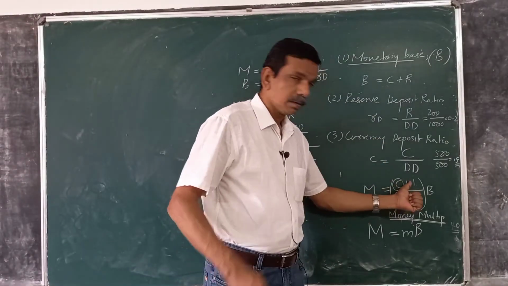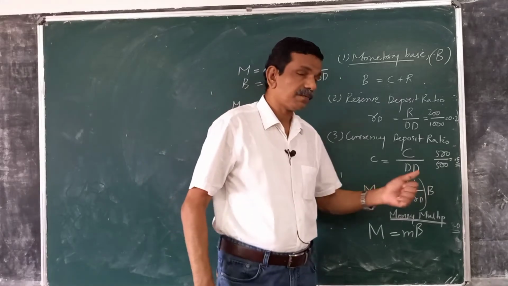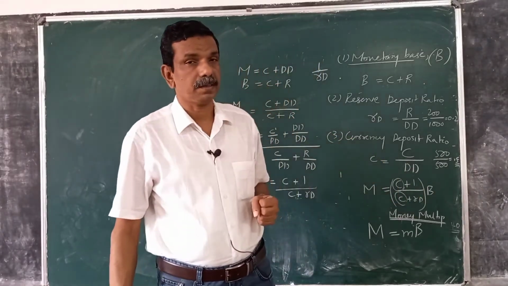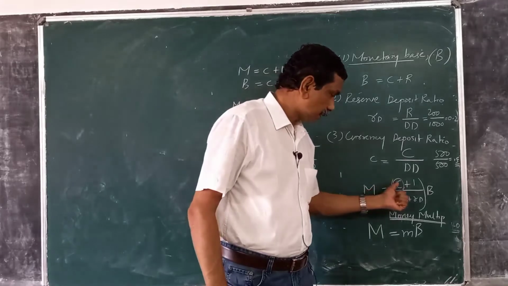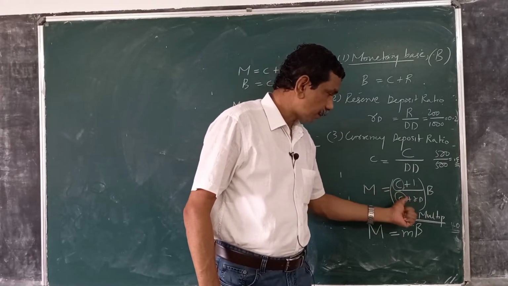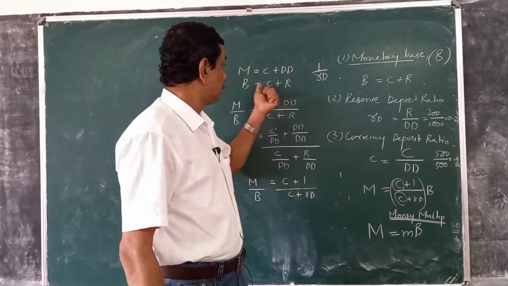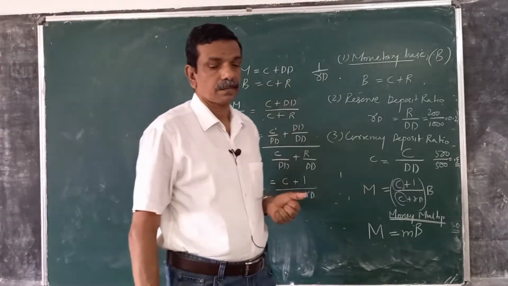But we know that people will keep a part of their money in the form of currency. So this is the money multiplier, (C+1)/(C+RD), and money supply is proportional to the monetary base consisting of currency plus reserves.